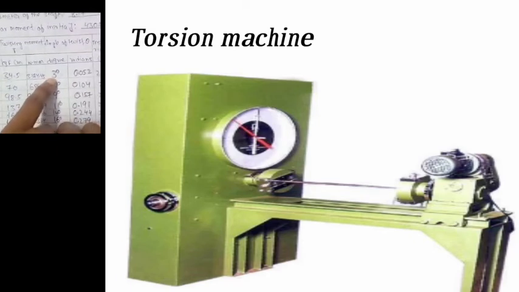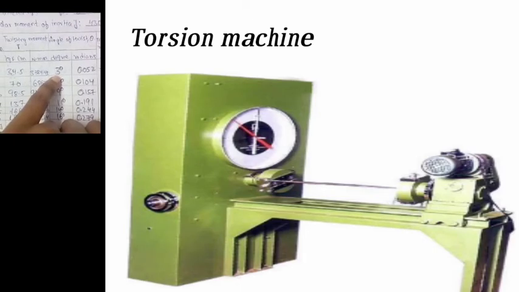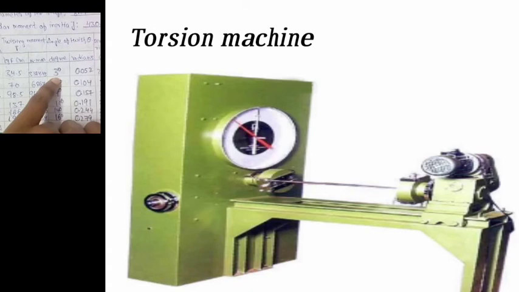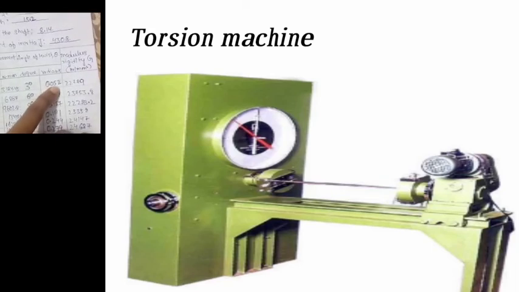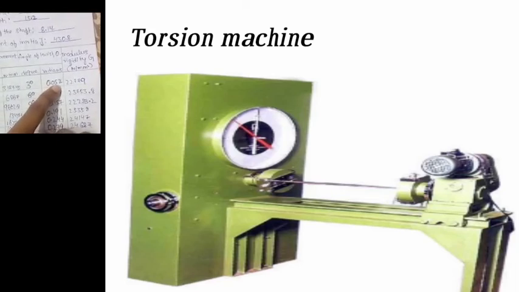Another thing is the angle of twist. For each 3 degree angle we note how much load we are applying. That 3 degree angle is converted into 0.052 radians.